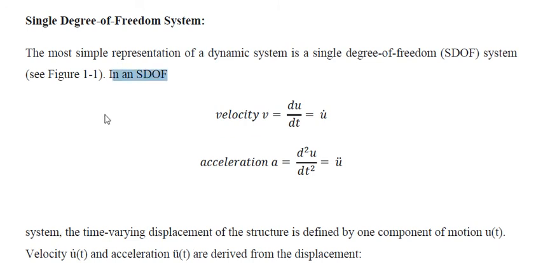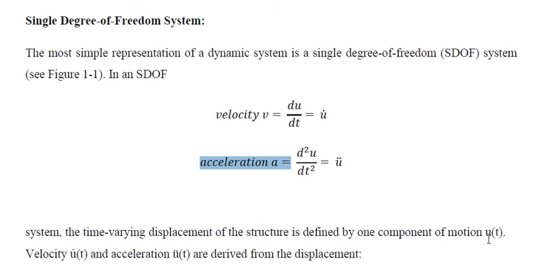In a single degree of freedom system, the time varying displacement of the structure is defined by one component of motion, u of t, and the other two components, u dot of t and u double dot of t, are derived from displacement. As I told, there is only one important component, that is displacement u, and the other two components, velocity and acceleration, are derived quantities of the displacement.